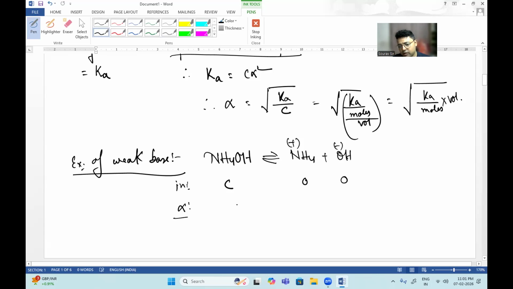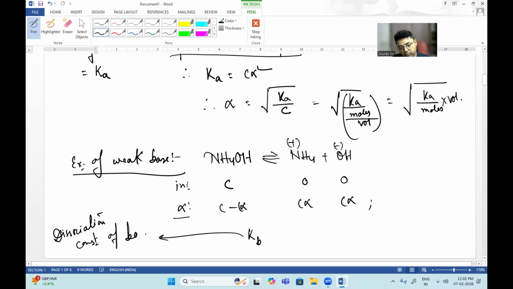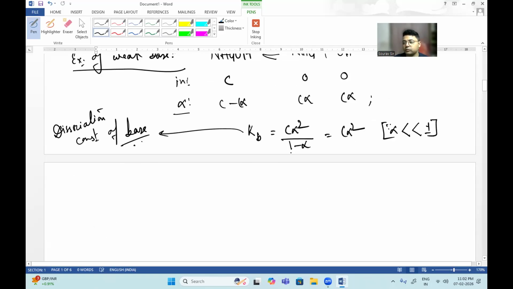After degree of dissociation alpha, C minus C alpha, then C alpha and C alpha will be formed. And from here, in place of Ka or Keq, it will be written as Kb, that means the dissociation constant of the base. So it will also be C alpha square over 1 minus alpha, or C alpha square, because alpha is less than 1.